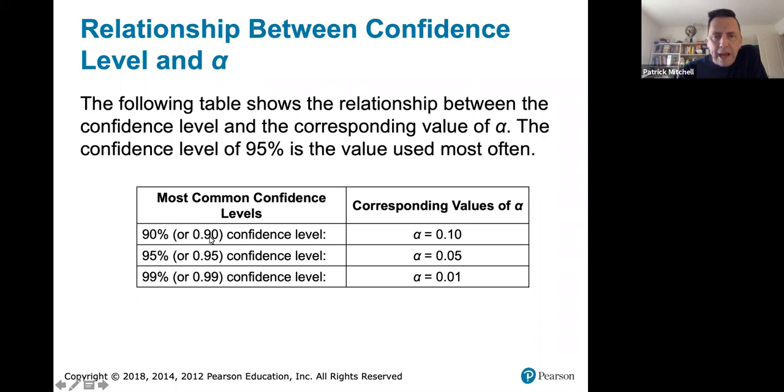Notice that if the confidence level is 0.90, that means the alpha is 0.10, and if it is 0.99, that means alpha is 0.01.